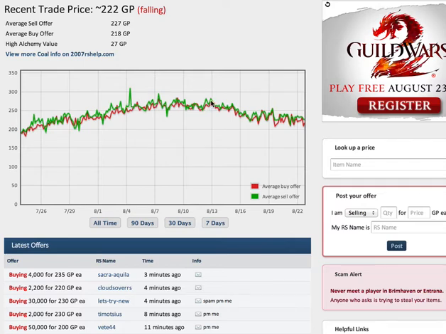And then it gradually starts to drop again, very similar to the pattern we see of it gradually rising from August 1st to August 7th. Now it has its ups and downs. Right now, according to the graph, it's leveled off, but you can see there are a lot of people buying right now.